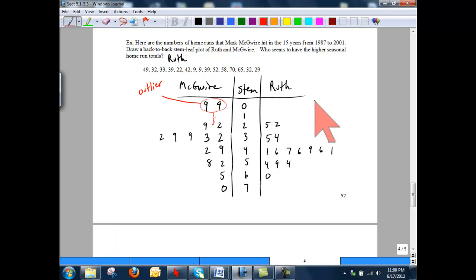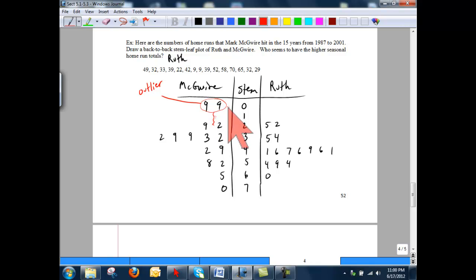So of course, if somebody isn't getting a chance to bat, they're not going to hit very many home runs. Now, if we're talking about an average, how many home runs did Mark McGuire hit during a season on average? The question becomes, should you leave these 9s in here or take them out? They're going to lower his average, of course. Should you penalize a player in terms of statistics for just being unlucky to get caught in a baseball strike?